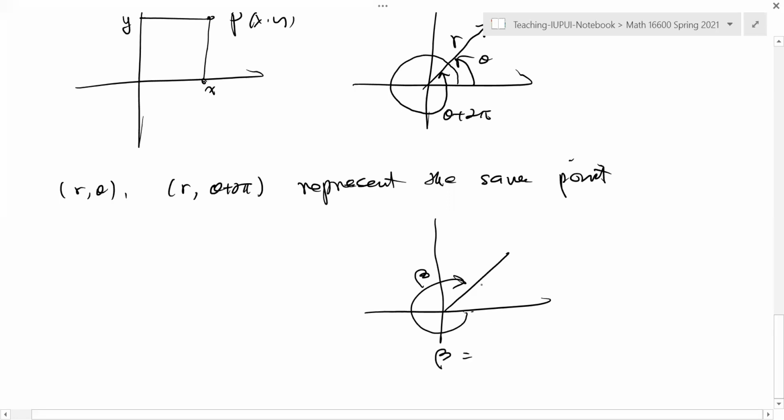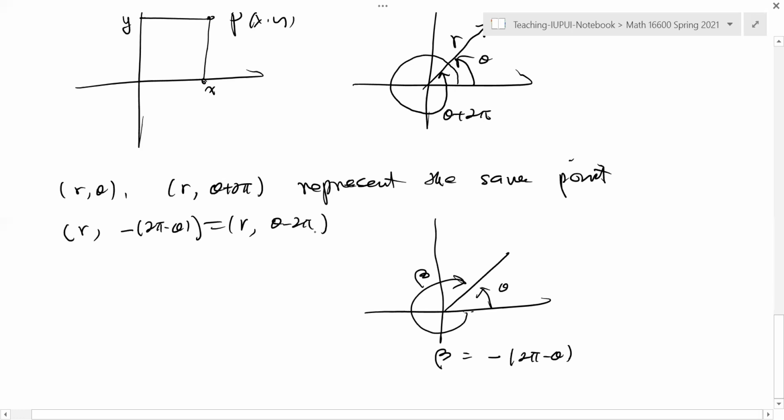If that is theta, the relationship is going to be beta equals negative 2 pi minus theta. Okay, why? Think about it: this is negative, first it must be negative, but the size of this angle is 2 pi minus theta, so you have to put a negative sign there. So r and negative 2 pi minus theta also represent the same point. That is basically the same as theta minus 2 pi, just plus.